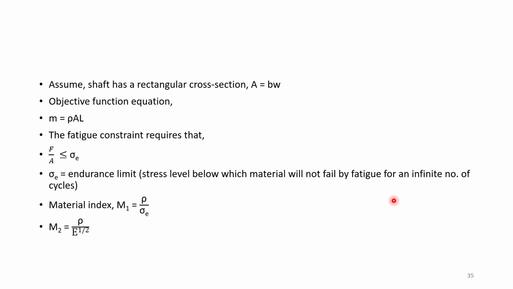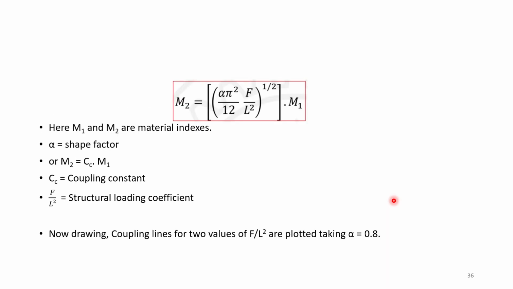The material index M1 will be equal to rho upon sigma E, and M2 will be rho upon root E. Now you have two material indexes, so you can use this equation.